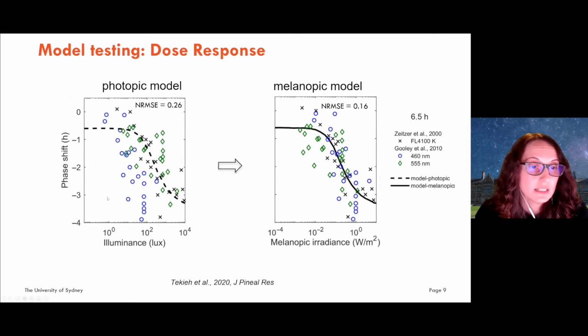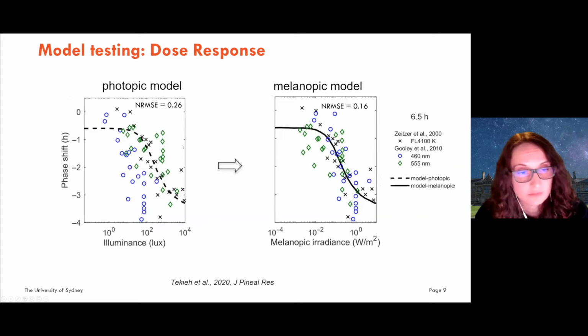You can see in these results that even the experimental data sets do not agree with each other. There is quite a broad distribution, and the model also does not agree with either blue or green light sources or results for those light sources.